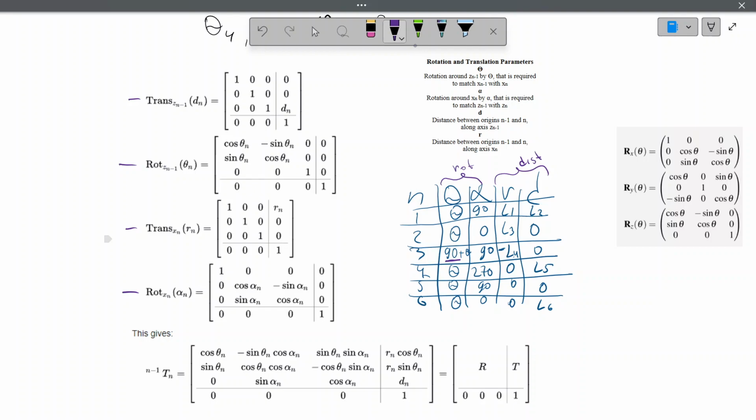For distance, firstly, we also consider d1. Here, if we take a look at d, it corresponds to the z-axis. So this one is x, this one is y, this one is z. So d is the distance along the z-axis.